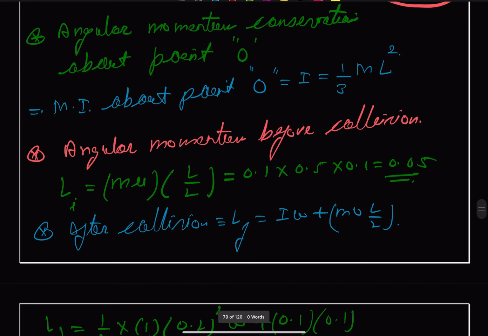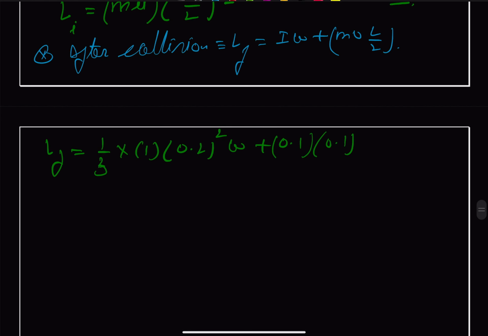Yeah, my mistake, this is 0.2 divided by 2 and multiplied by v.